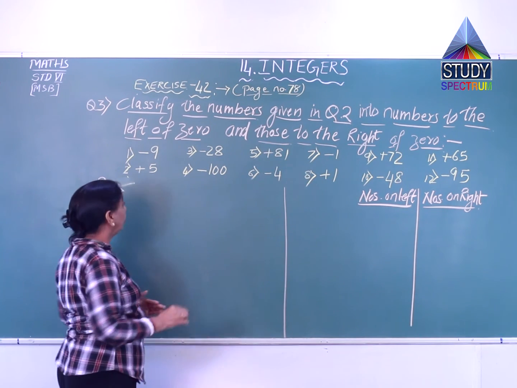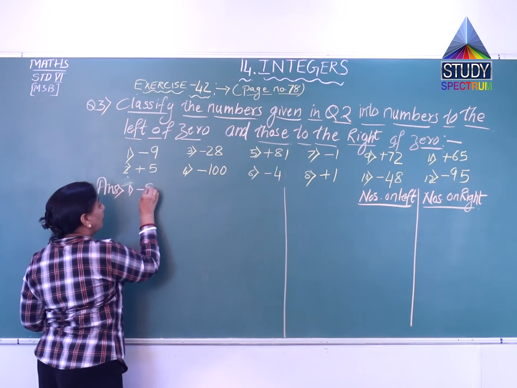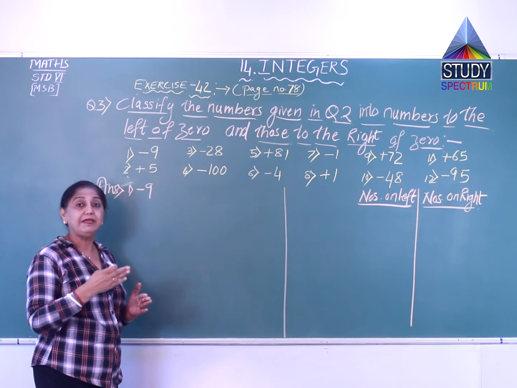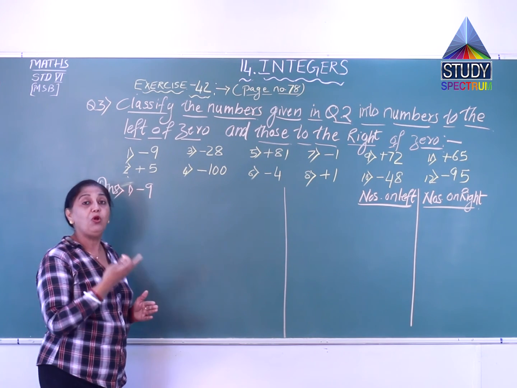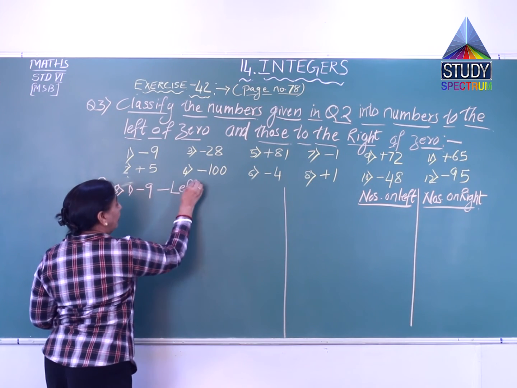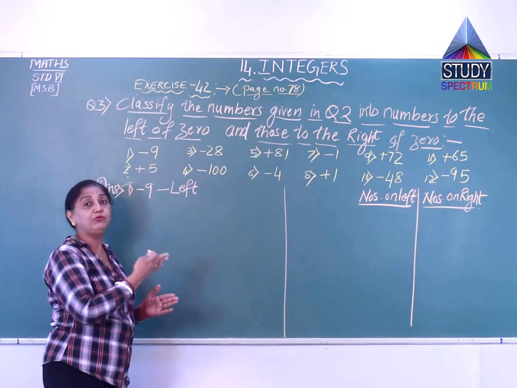First I will do individually. Now answer 1, minus 9, where will it go now? Can you remember? It is a negative number. So negative number, where does it lie on the number line? Always to the left. So I will write left, just in short. In your notebook you can write left to the 0.